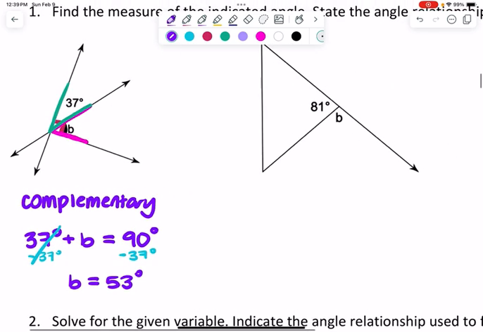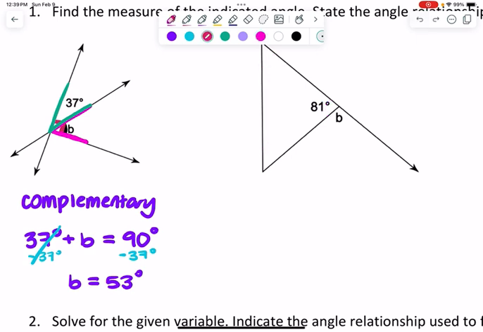Okay, looking at the next one, I do not have a 90-degree marking, so I'm kind of ruling out complementary. I do have a triangle, but I'm not talking about all of the values in my triangle here, so it's likely not that one.